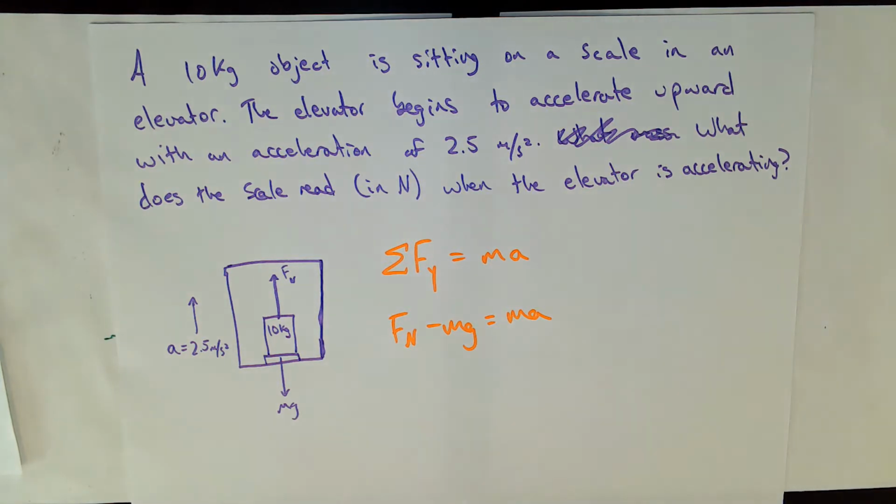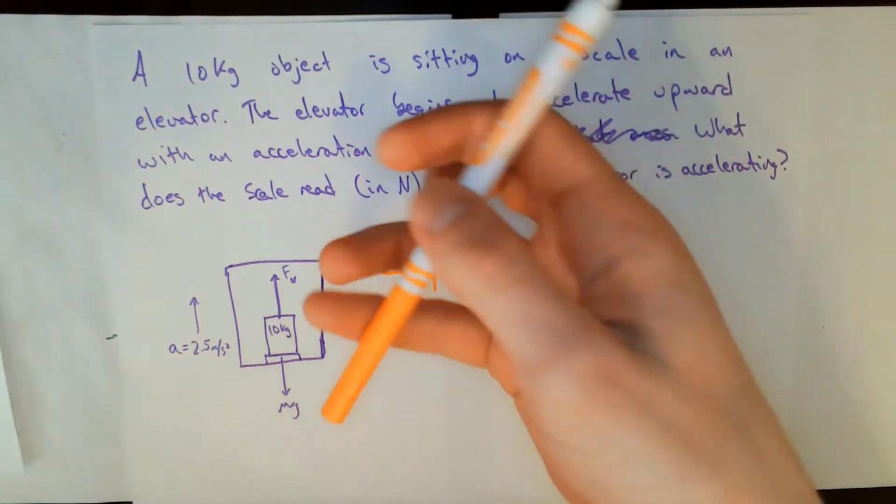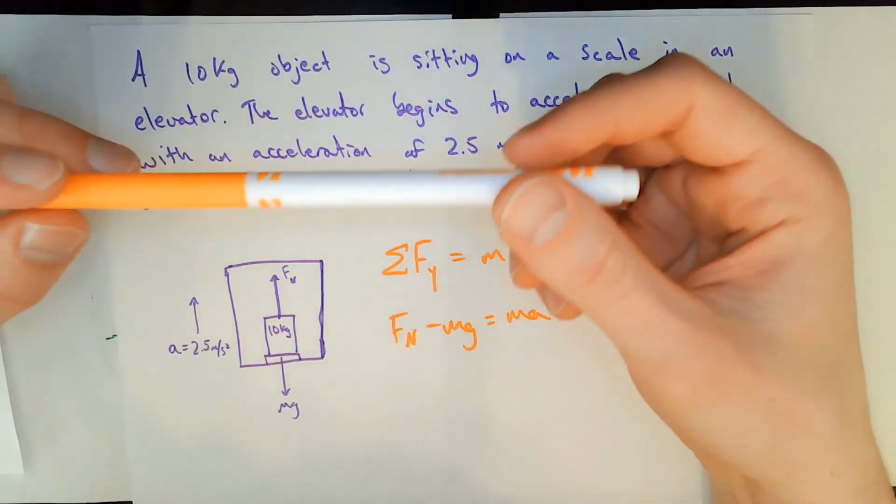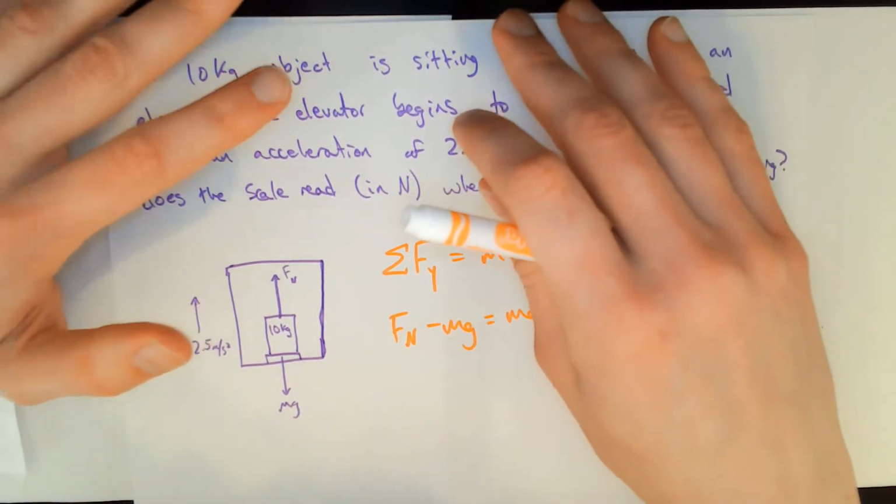When I ask what does the scale read, I'm asking for the normal force. Now, why is that the case? Because something important to point out is, if you were in an elevator and it's being lifted very quickly, you feel heavier while it's accelerating upwards.